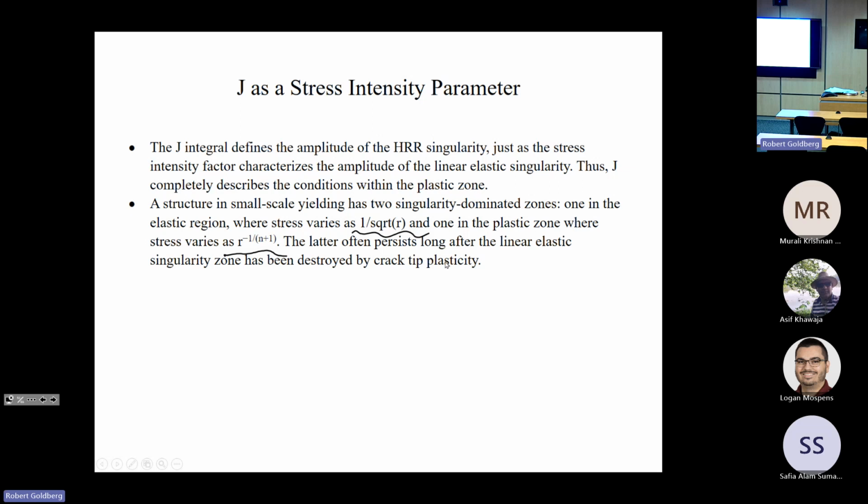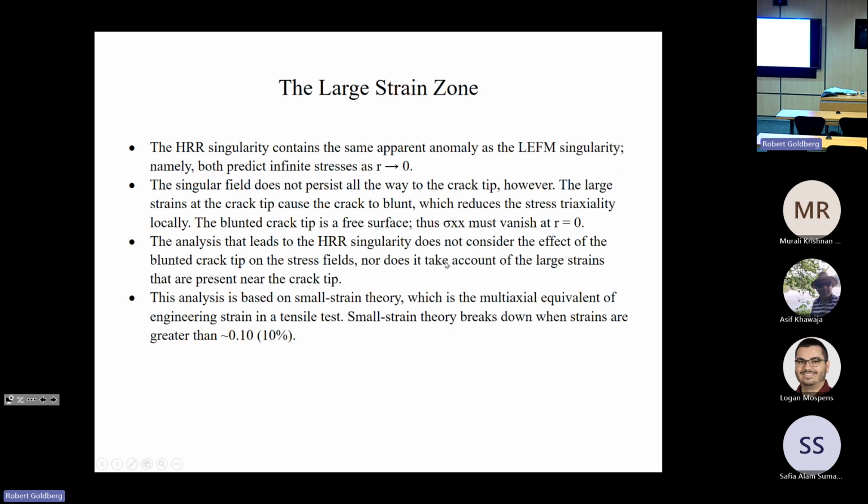As complicated as this was for the case of relatively small strains, we're going to talk a little bit about what happens when you have larger strains. The HRR singularity contains the same anomaly as linear elastic fracture mechanics: as you get closer to the crack tip and your radius goes to 0, they both predict infinite stresses.